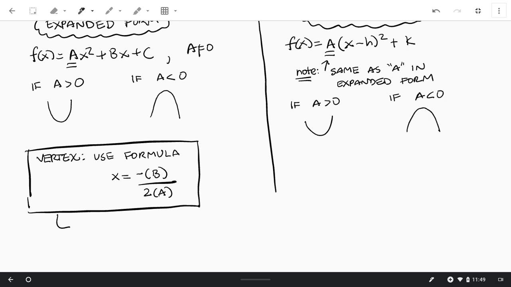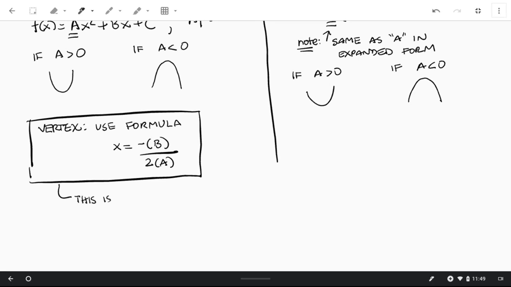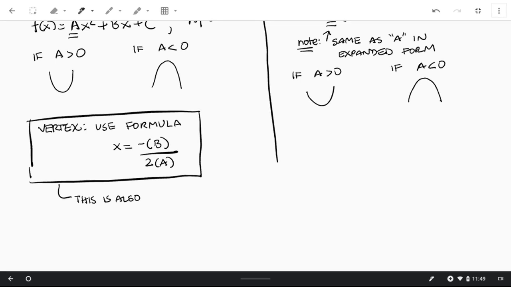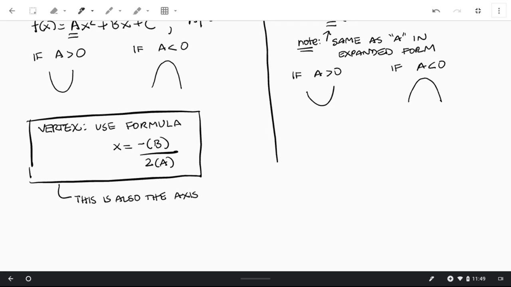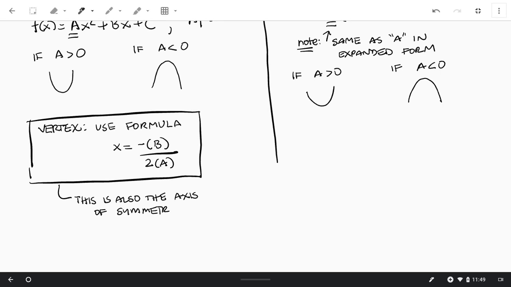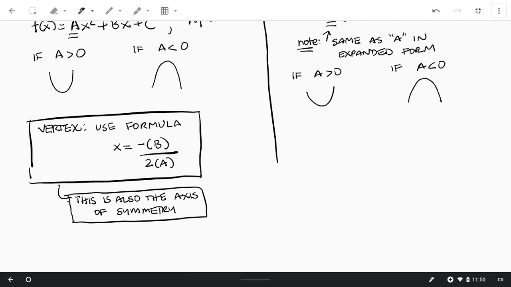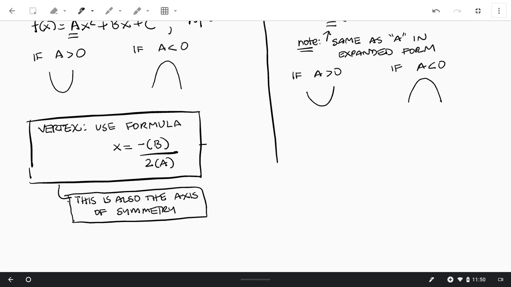So a couple of things about this. This is also the axis of symmetry. And then we said we need to find the y value.